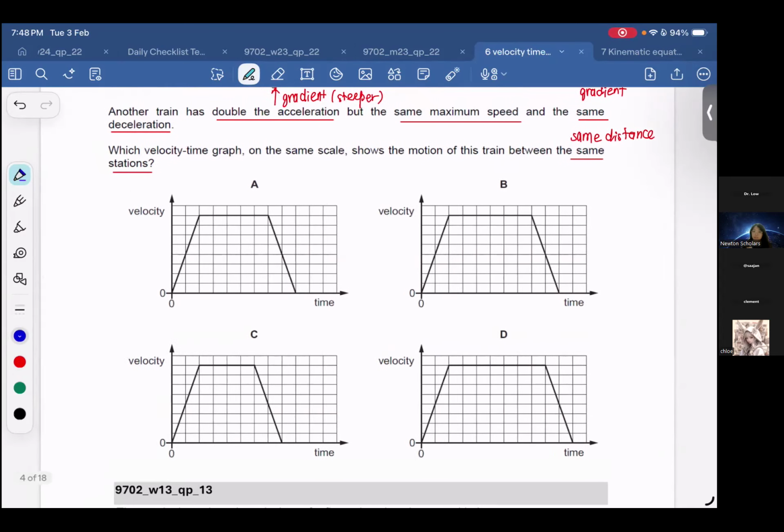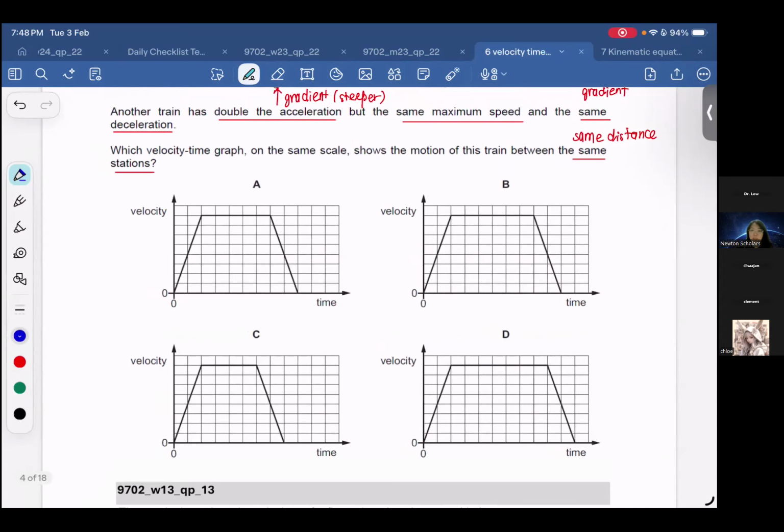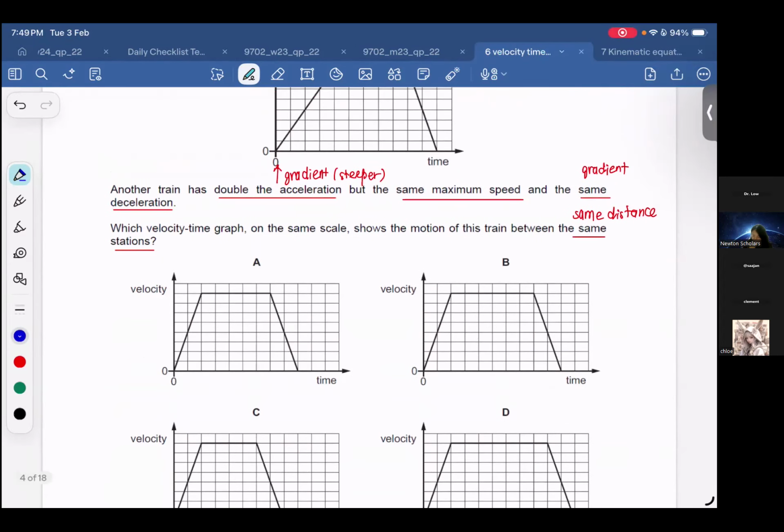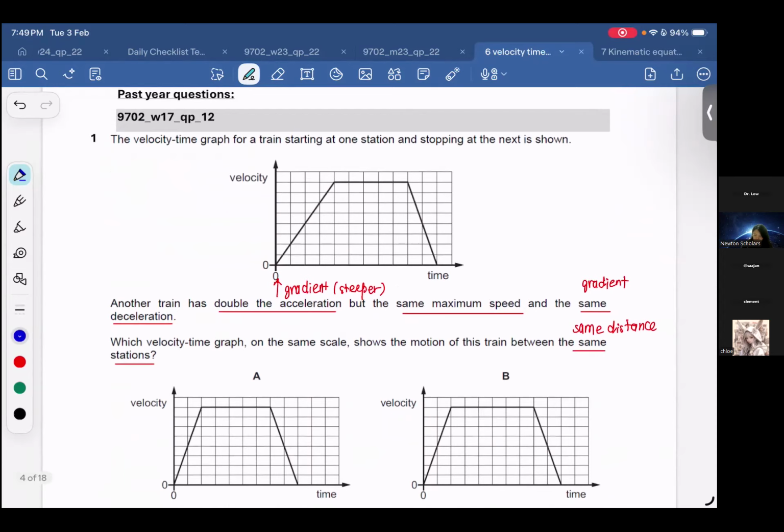Okay, the rest of you, Ryan, Hui Tong, Clement. Clement, no. Later you check again. Okay, dear, we want to fulfill the same distance. The start here, you see, the gradient should be double steeper.